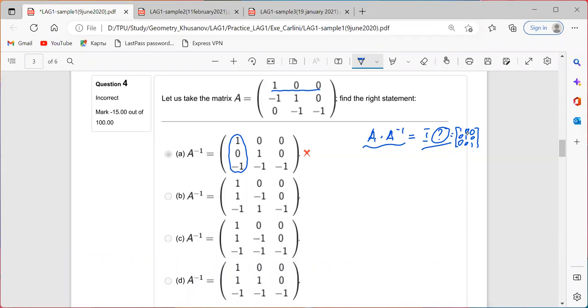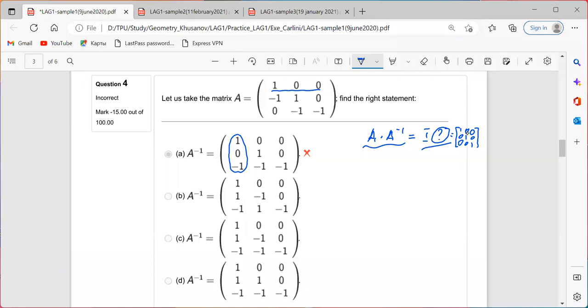First row by second column will again be equal to 0, because 1 by 0, 0, 0. So it will be just 0. First row by third column again will be equal to 0. So 1, 0, 0 we have.